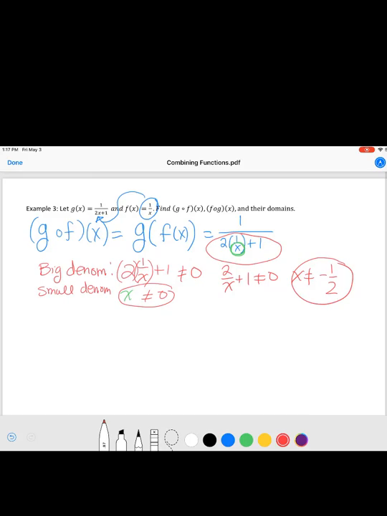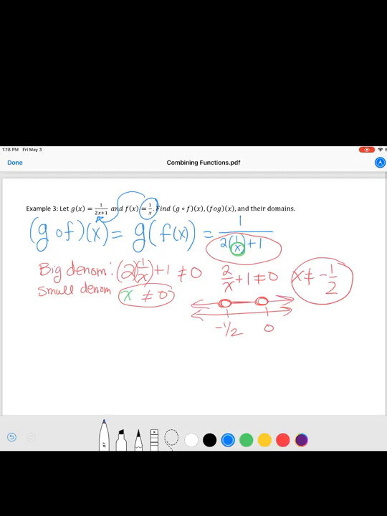So when I write that for my domain, x cannot be equal to negative 1/2, so that's an open circle. x cannot be equal to 0, that cannot be 0. But it can be anything else.